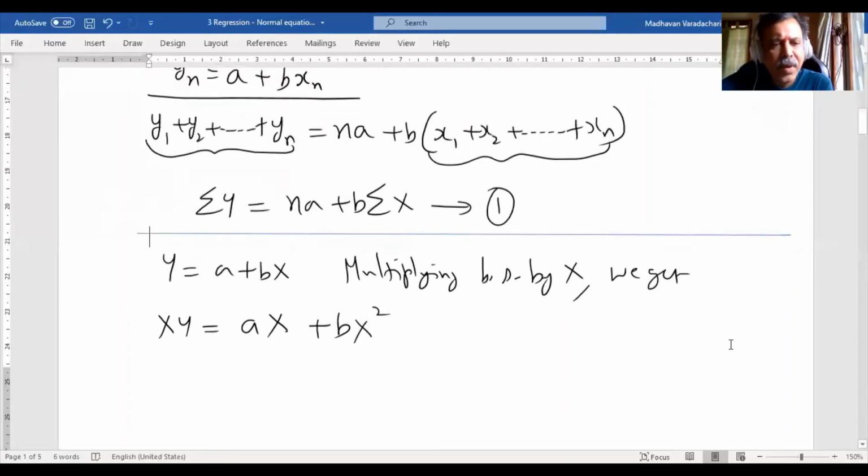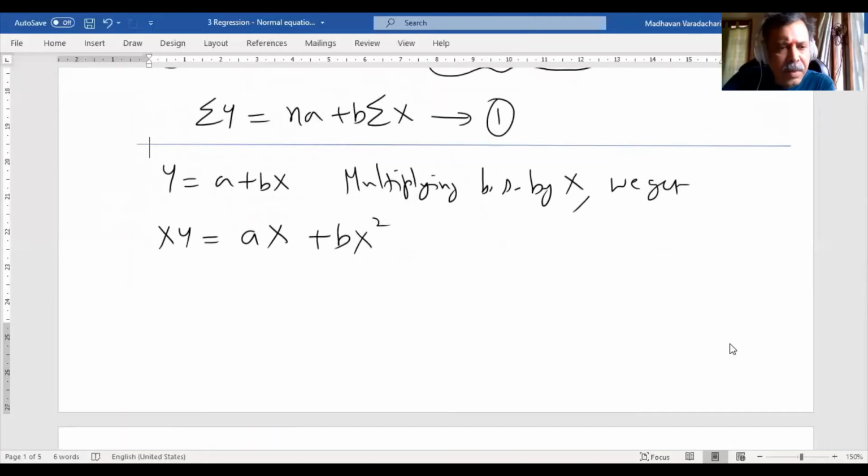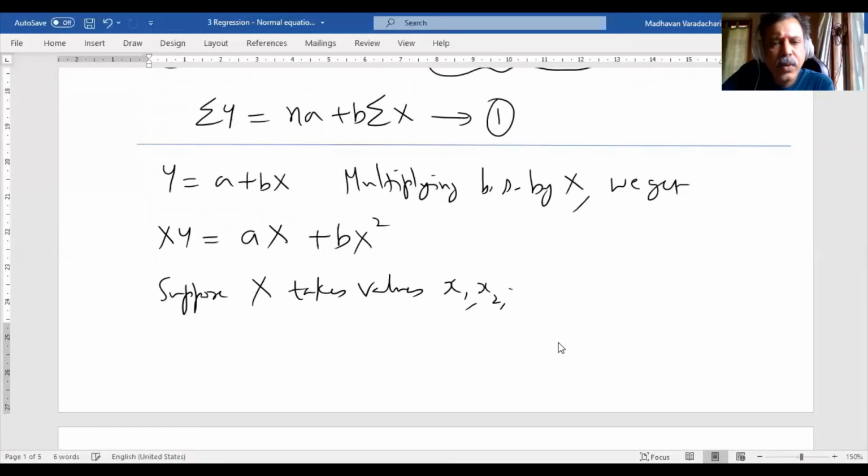Again, applying the same logic, x and y are variables, and if they take n values, suppose x takes values x1, x2, and so on up to xn, and y takes values y1, y2, and so on up to yn.